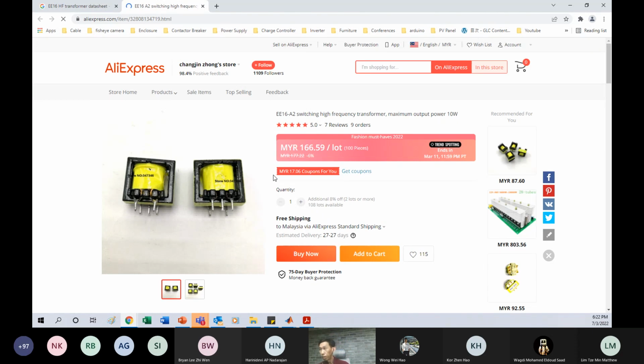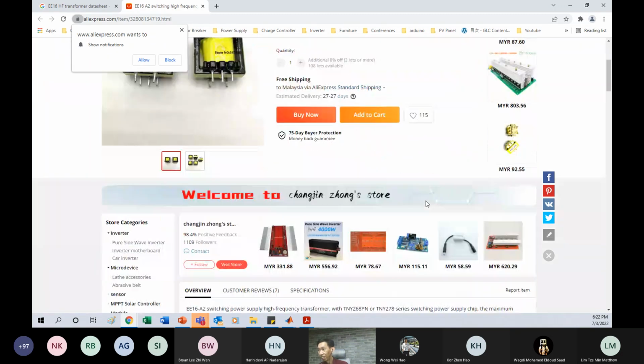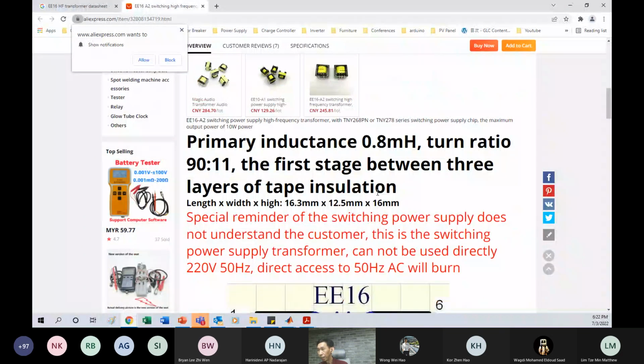It's actually not very expensive. You see, it's 166 for 100 pieces, not one piece. 100 pieces means one piece is only 1 ringgit 60 cents. So of course you can make big money.